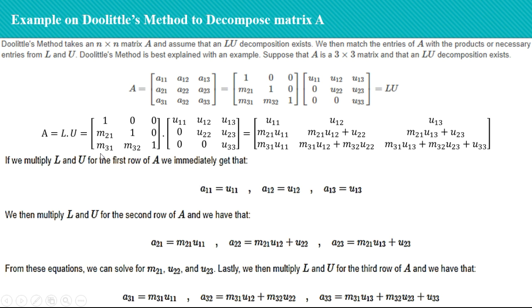And in the same way, for the third row of this resultant matrix, we multiply the third row of the lower triangular matrix with the first column, with the second column, and with the third column, and we get all these results.